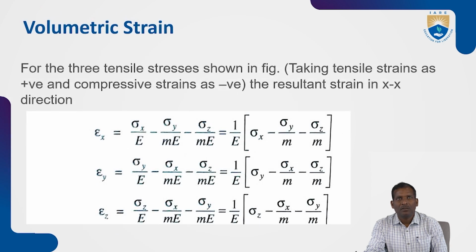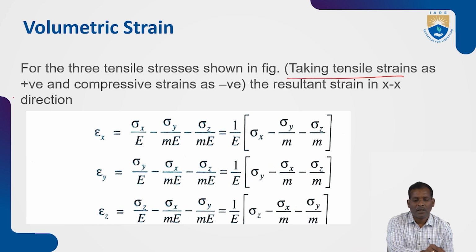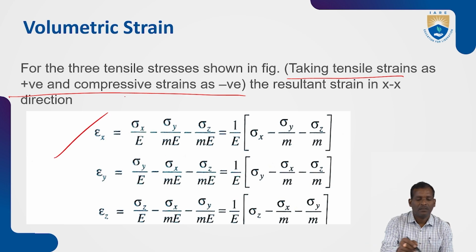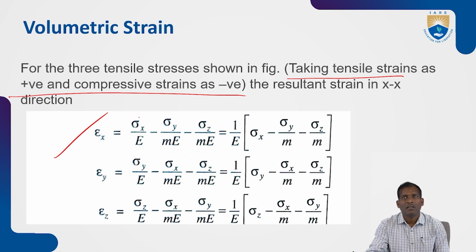So now the three tensile stresses shown in figure, taking tensile strains as positive and compressive strains as negative. The resultant strain in x direction, epsilon x, is equal to the strain in x direction sigma x by E, minus sigma y by m, minus sigma z by m.